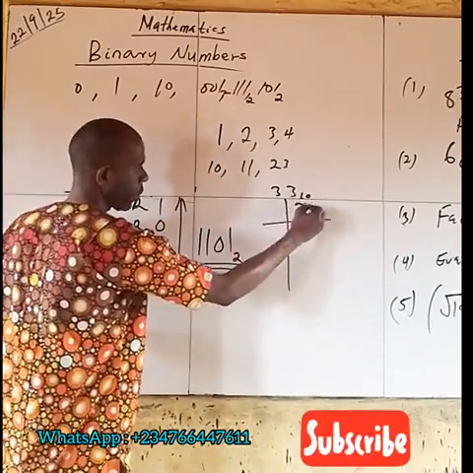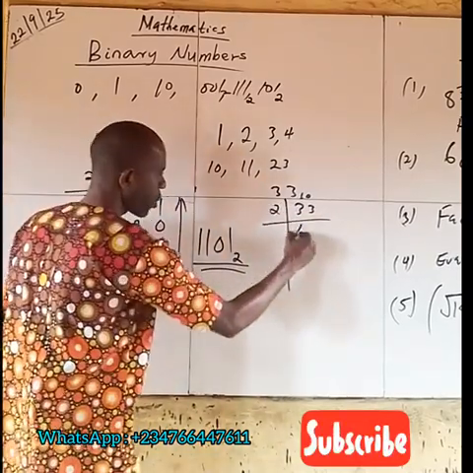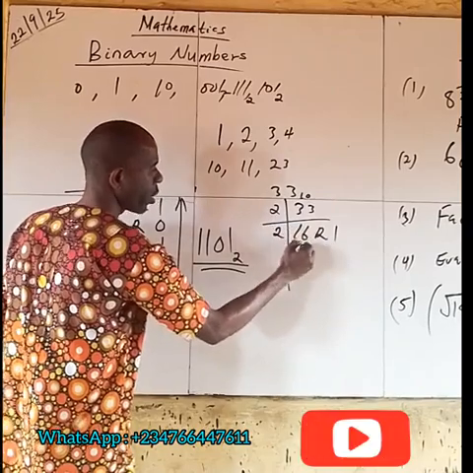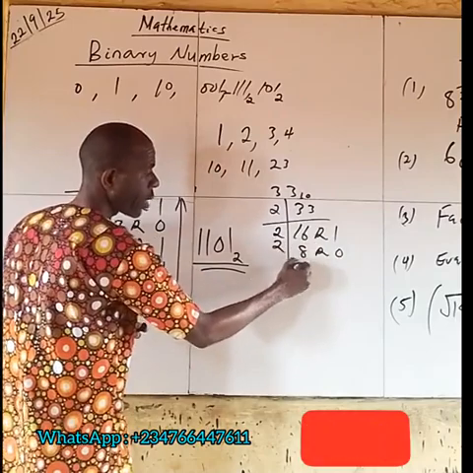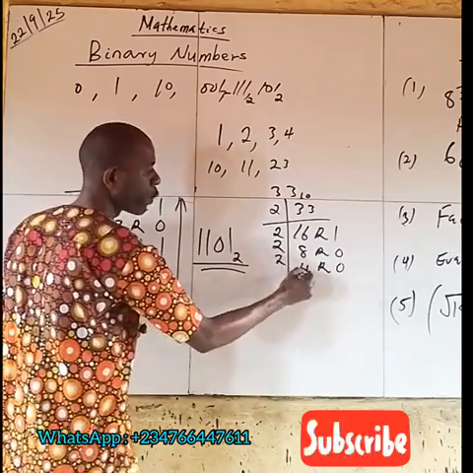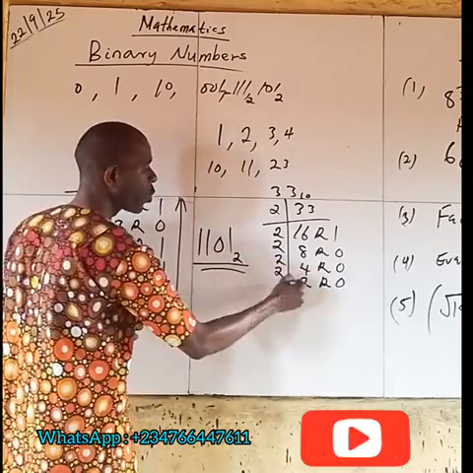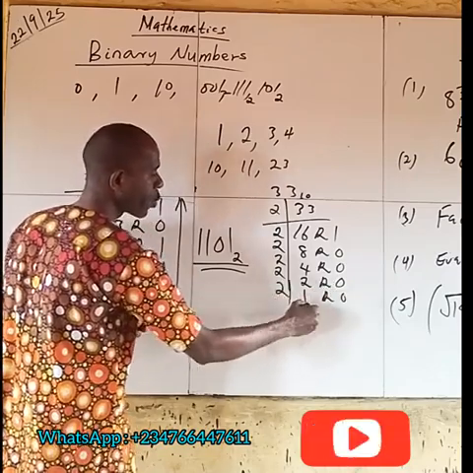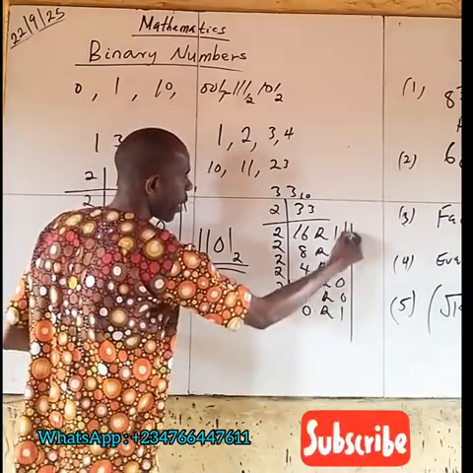This is 33. 2 goes into 33, it will give you 16, remainder 1. 2 goes into 16 is 8, remainder 0. 2 goes into 8 is 4, remainder 0. 2 goes into 4 is 2, put remainder 0. Now 2 goes into 2 is 1, remainder 0. And lastly, 2 goes into 1 is 0, remainder 1.